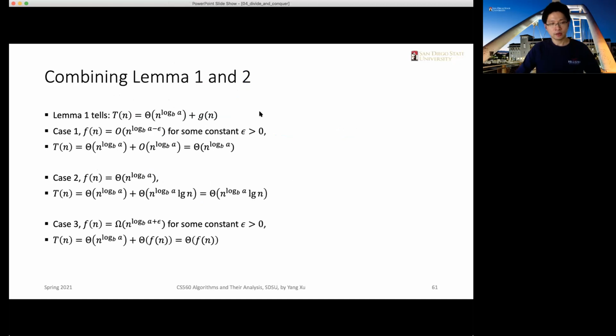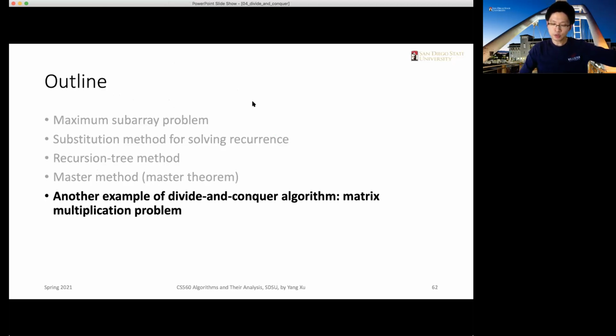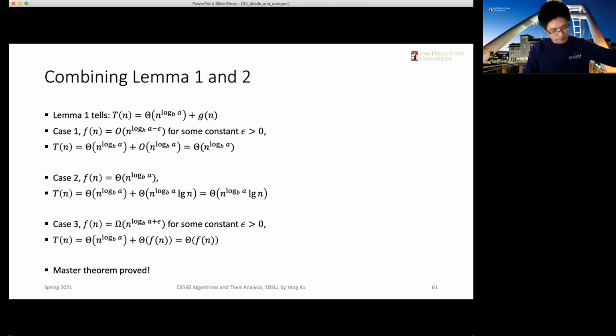All the 3 cases, if we put them together, are just the form of the Master Theorem that we need. So the previous 4 or 5 slides are about the proof for the Master Theorem. And I think it will be helpful if you go through them yourself to have a deeper understanding of why the Master Theorem holds.